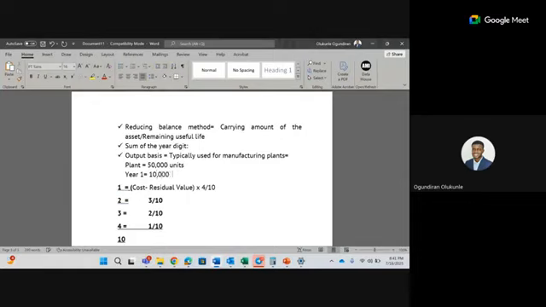So it means that for year 1, you will have your cost minus the residual value, times 10,000 divided by 50,000. Do you understand?